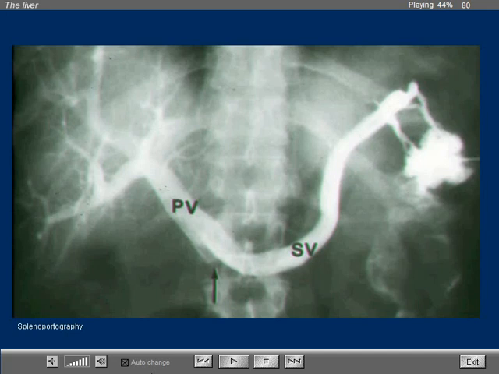Sonography with Doppler, computed tomography, and MR angiography have replaced diagnostic angiography in many areas of the human body. So now we can see adequately the normal and abnormal portal system by using any of these modalities.